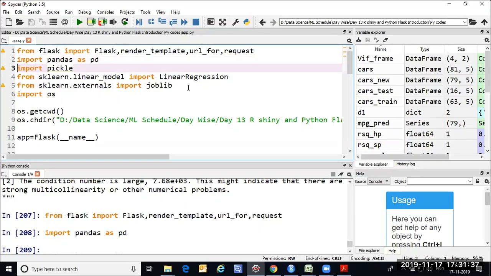Pickle. What does pickle mean? In normal programming terms, it's segregation, right? Whatever output you get through the lines of code that you are writing, you will segregate and pickle it as one group, and you will make use of it for any further display.